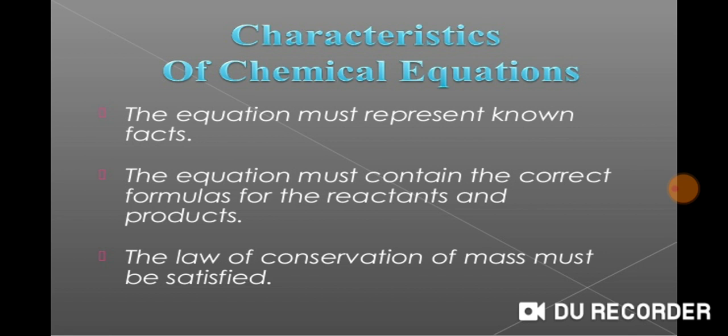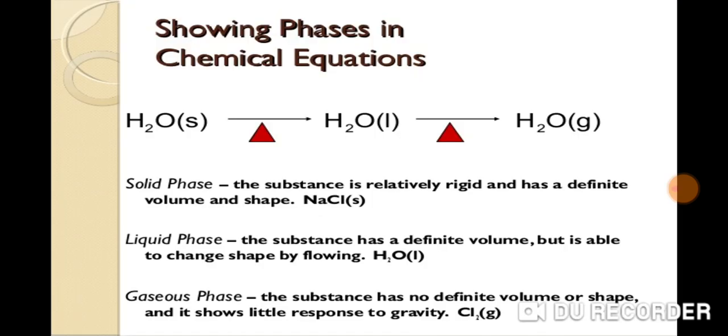The atoms of the reactants on the left hand side should balance the number of atoms of the products on the right hand side. This is the law of conservation of mass. I will explain it to you more clearly in the next slide.